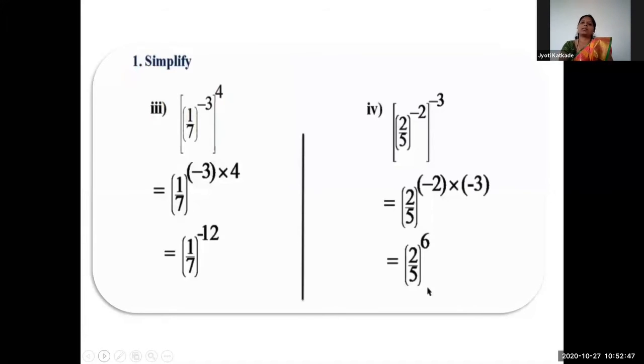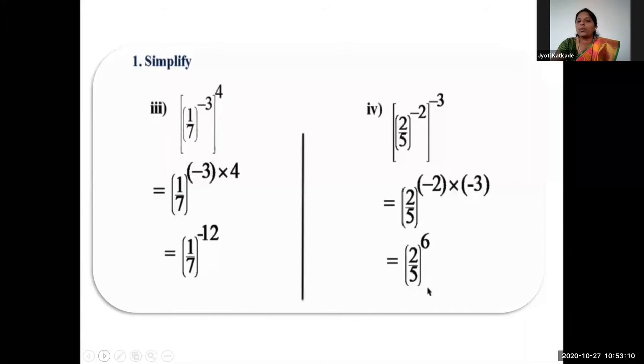See next example, that is 1/7 bracket raised to minus 3, again bracket raised to 4. Okay. See here, both 2 powers are given, minus 3 and 4. So according to the rule, take multiplication of both numbers.